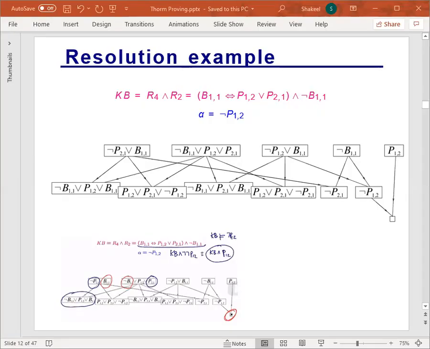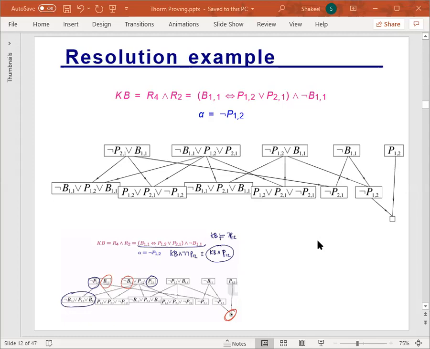For example, if we take this clause here and this clause here and resolve for P21, we have P21 here and negation of P21 here. These two resolve to the form negation of B11 or P12 or B11, and we obtain this new resolvent.